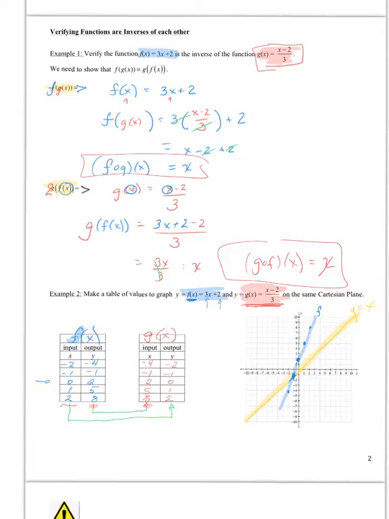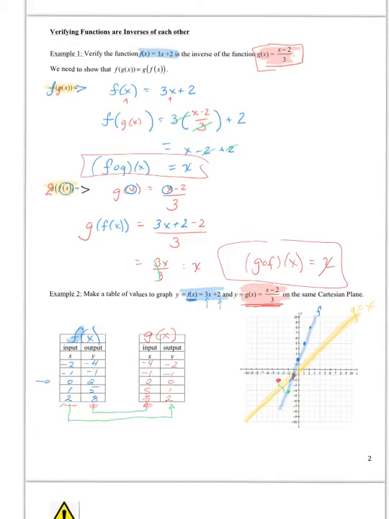So this point here, -2, -4, is being reflected over y equals x and giving me -4, -2 for my function g. Similarly, the point -1, -1 is already on the line y equals x, so it stays there.